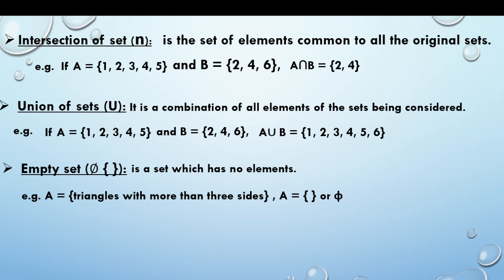Of course, there are no triangles with more than 3 sides. Therefore, set A is equal to an empty set represented by curled brackets that contain nothing, or this symbol here, which also simply reads empty set.